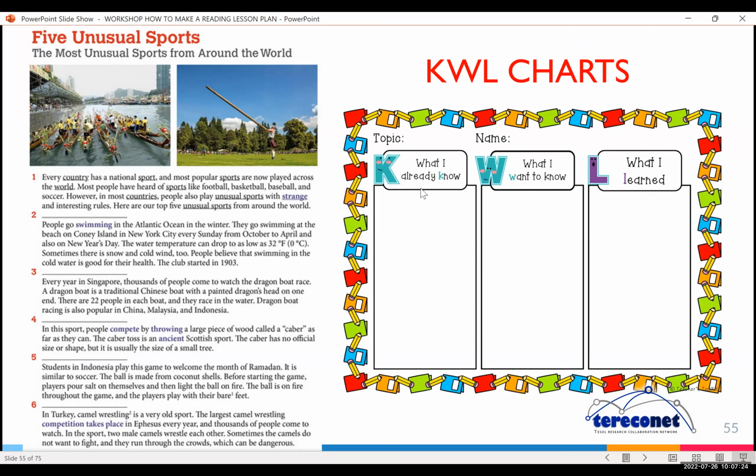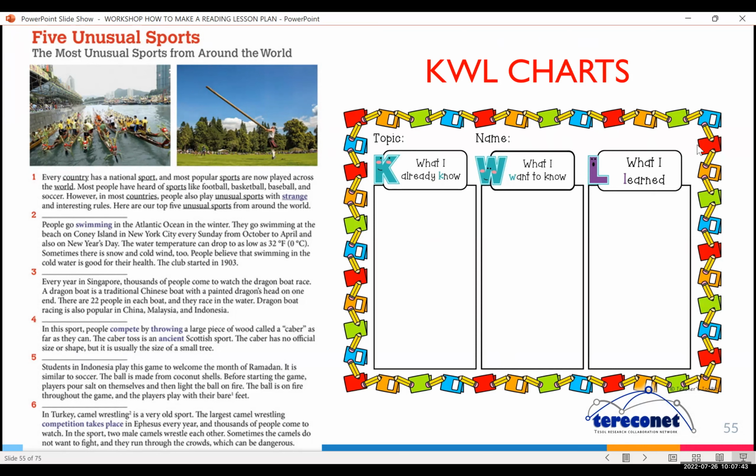K means what I already know about the topic. For example, 5, unusual sport. W is what I want to know: when I read the title here together, what's the subtitle here, and then the picture here, ask them to note it down, and then they put it away.